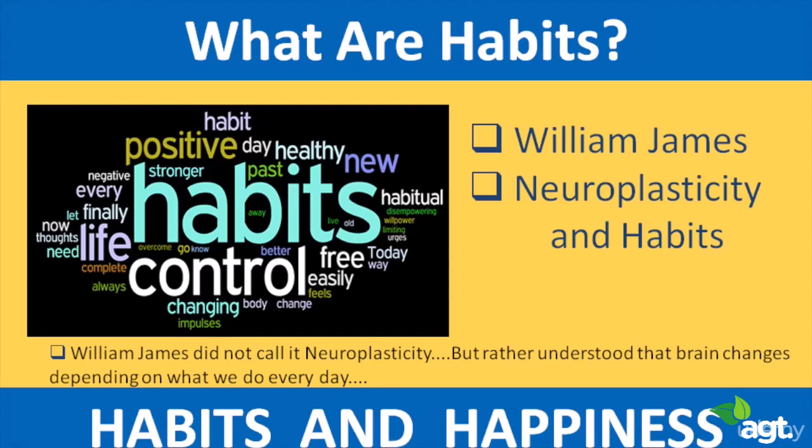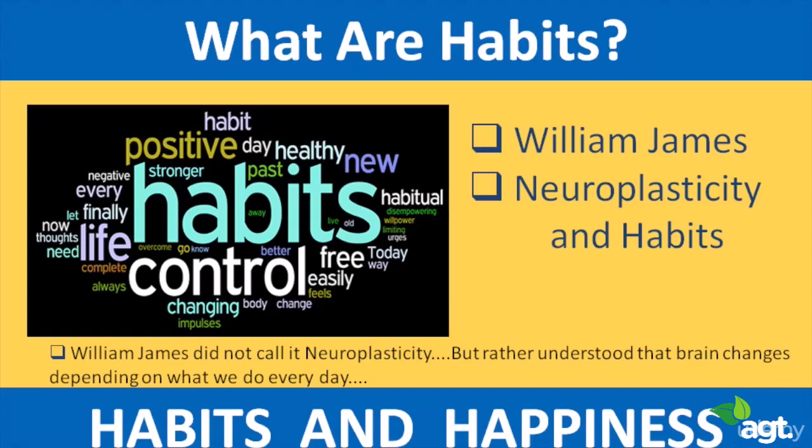Neuroplasticity is the science that basically proves that our brain changes every day. In the past, they thought it changes until we are maybe teenagers, 16, 18, 20. But now we know that our brain changes every single day until the day we die.